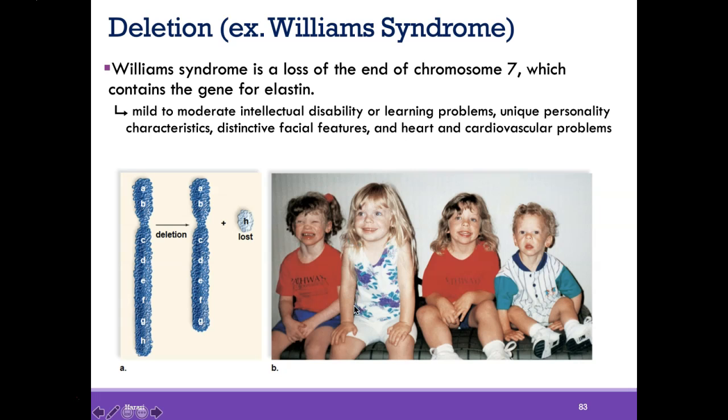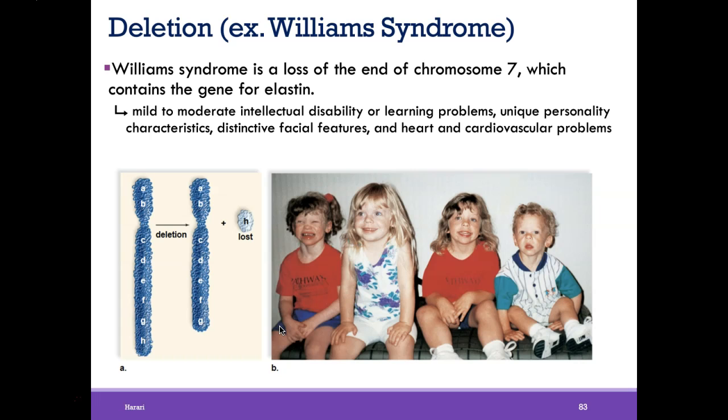Williams syndrome is a loss of the end of chromosome 7, which contains the gene for elastin. Without the elastin gene, these individuals have heart and cardiovascular problems, distinctive facial features, and some learning and intellectual disabilities.